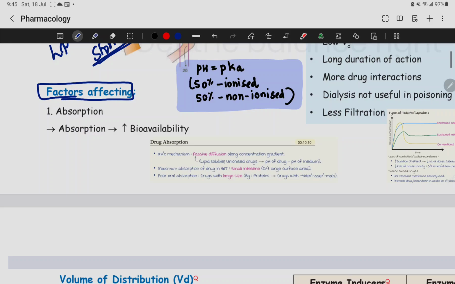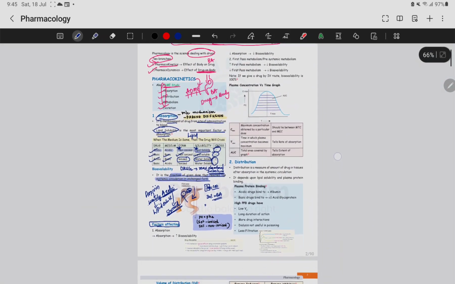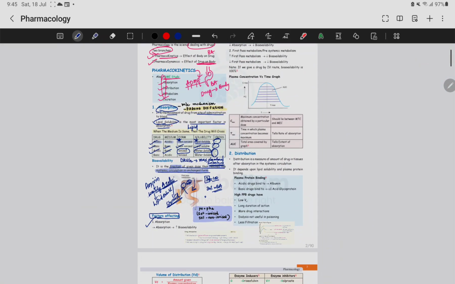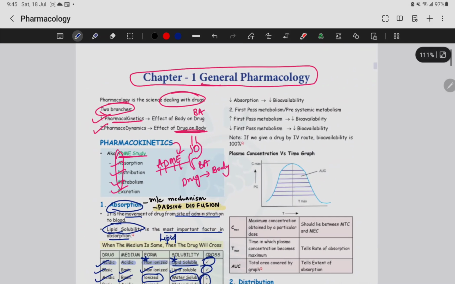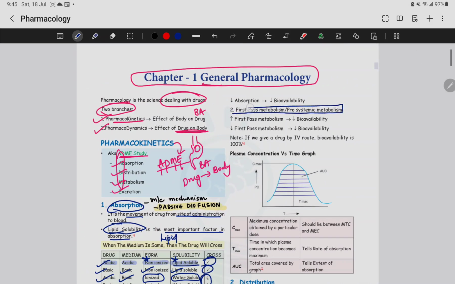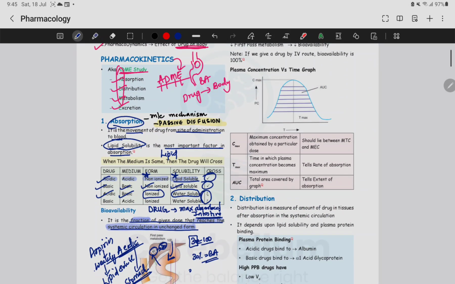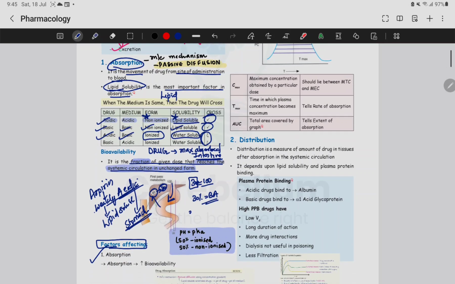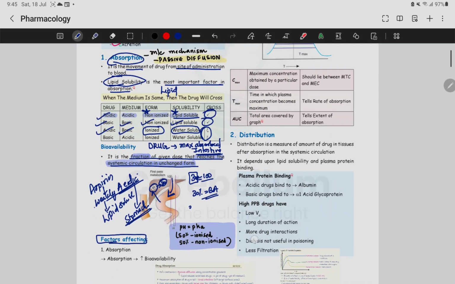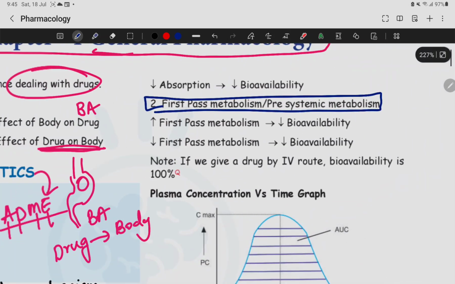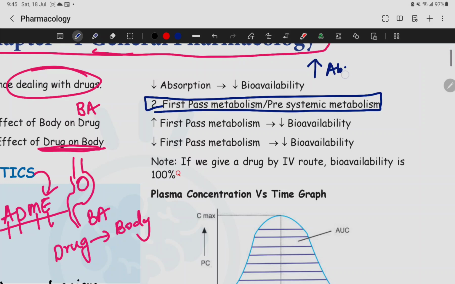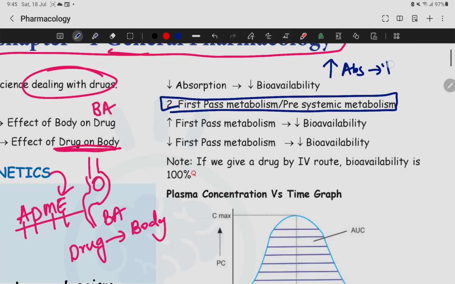The factors affecting bioavailability are, first, absorption, and next, first pass metabolism. If there is more absorption, there will be more bioavailability.